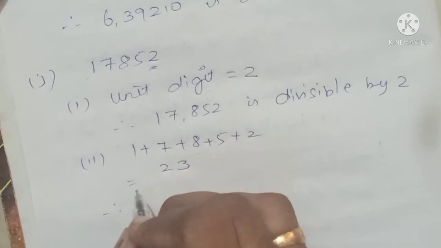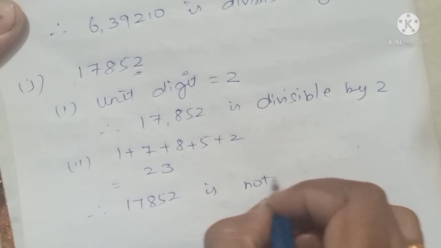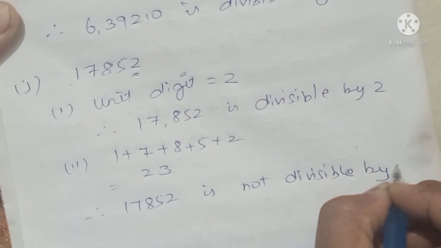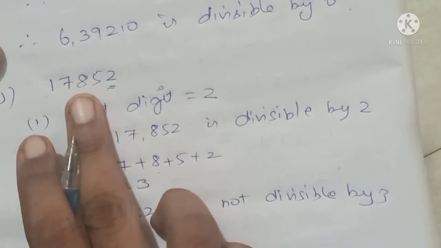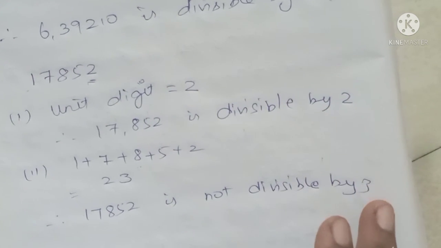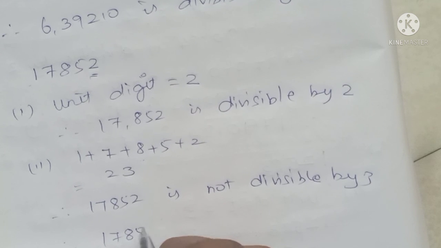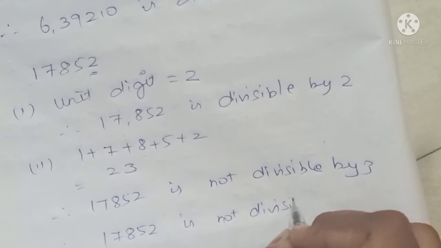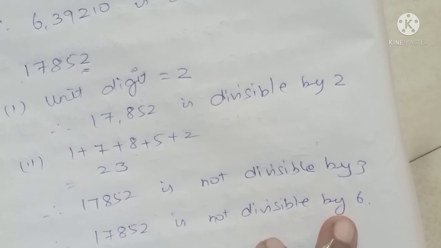Therefore we conclude that 17,852 is not divisible by 3. So 17,852 is divisible by 2 but it is not divisible by 3. Therefore 17,852 is not divisible by 6. If either one is not divisible, we say it is not divisible by 6.